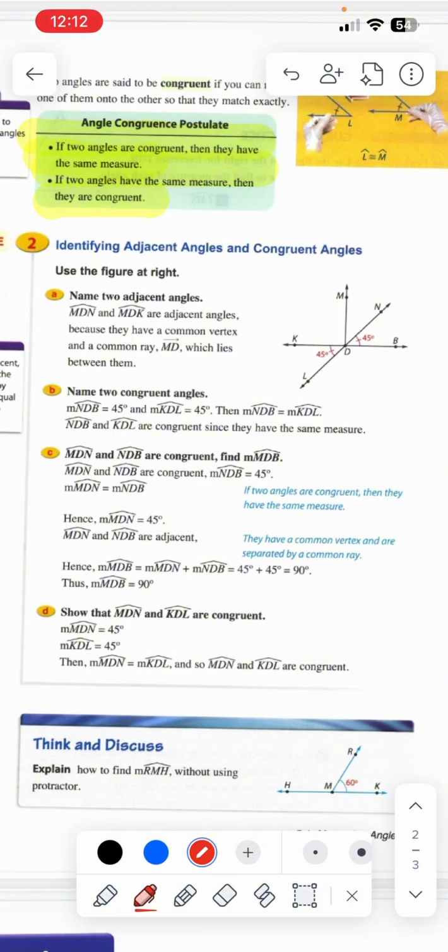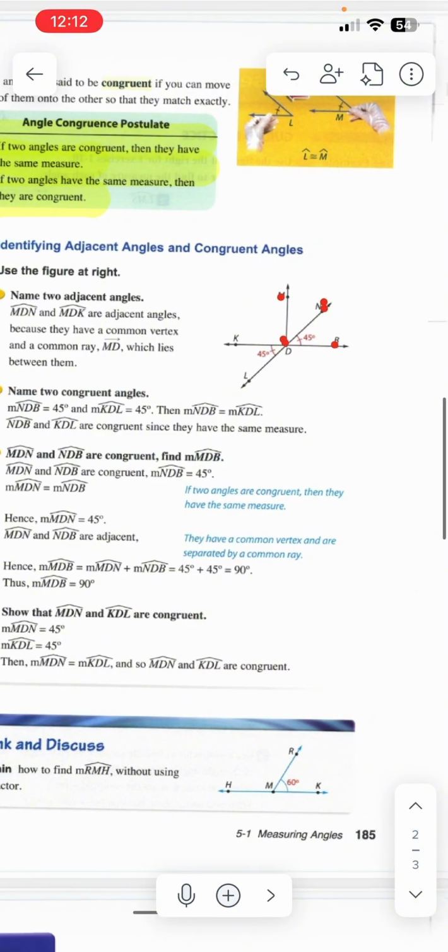And section A of the example says, name two adjacent angles. So we said adjacent angles are what? Two angles that are beside each other. So we can say, for example, angle NDB is adjacent with NDM. How can we write that?